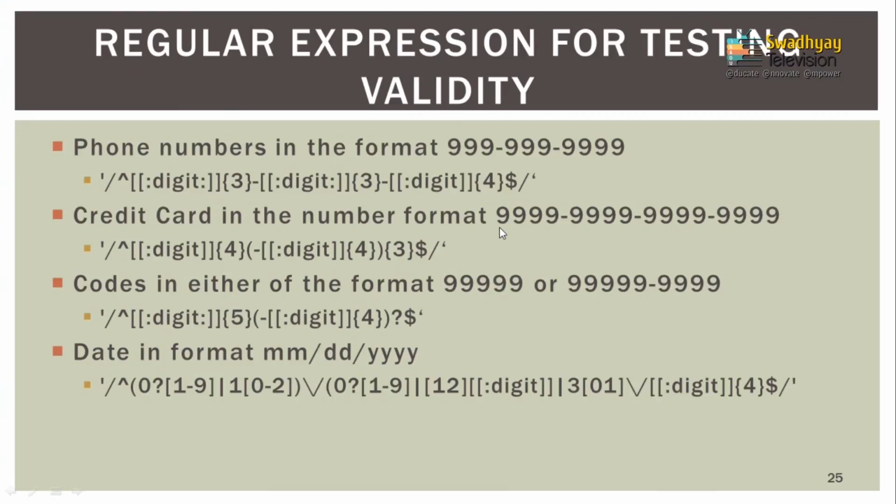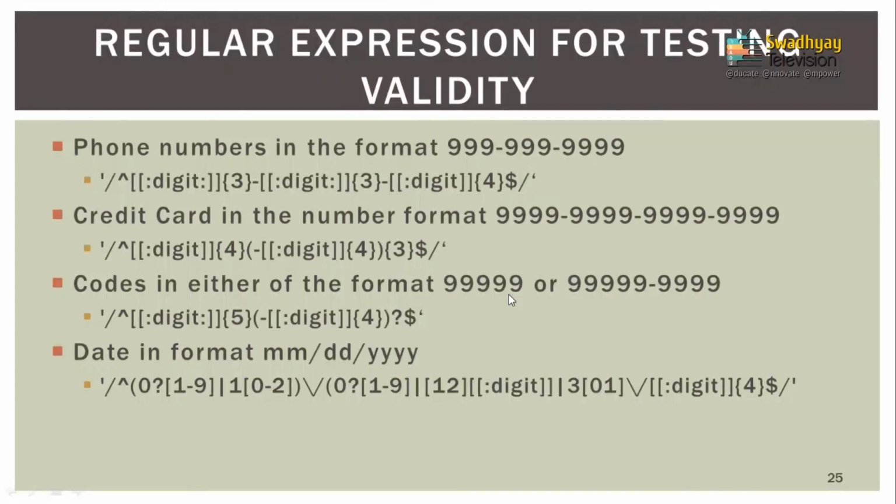For a credit card with 4 groups of 4 digits, you can simply write digit 4 and then the group pattern digit 4 repeated 3 times with a hyphen. We can display a zip code in the format 99999 or 99999-9999, so you can write digit 5 or hyphen and digit 4 times. This question mark means optional.